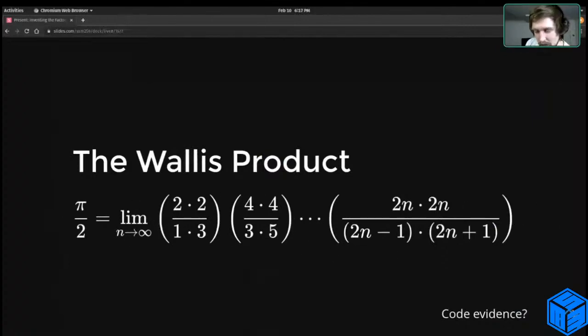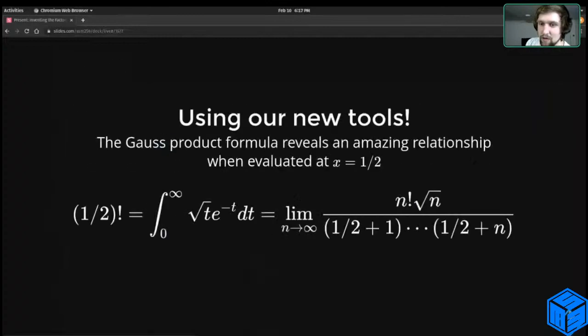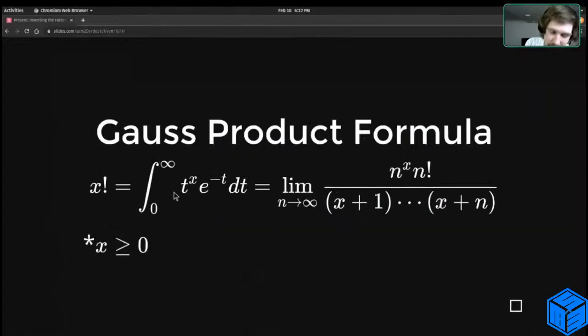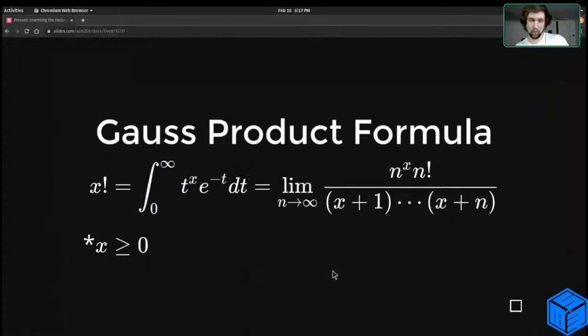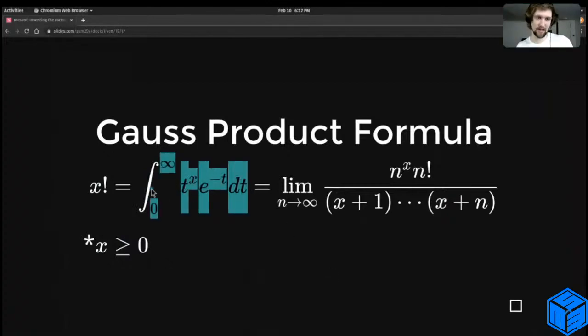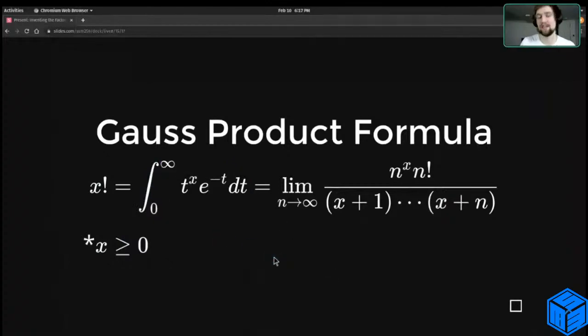And Euler originally found some relationship here between pi and this limit expression that he had computed. And then use that to deduce that usually quadratures, integrals, do the same type of thing, where they just give you pi for something.